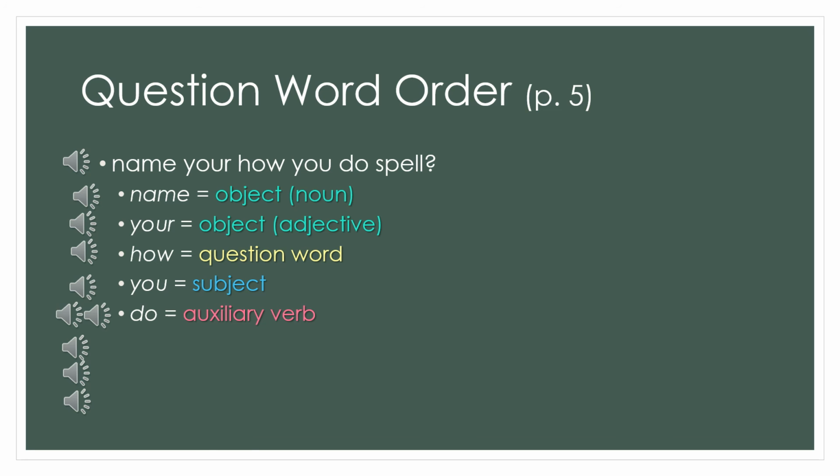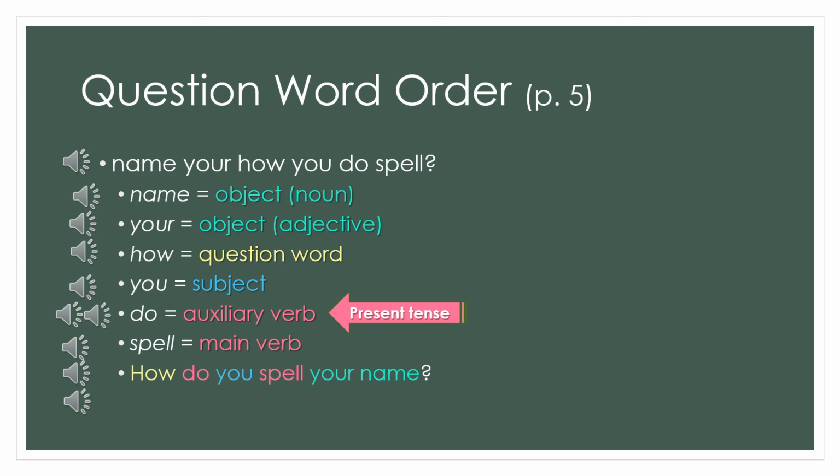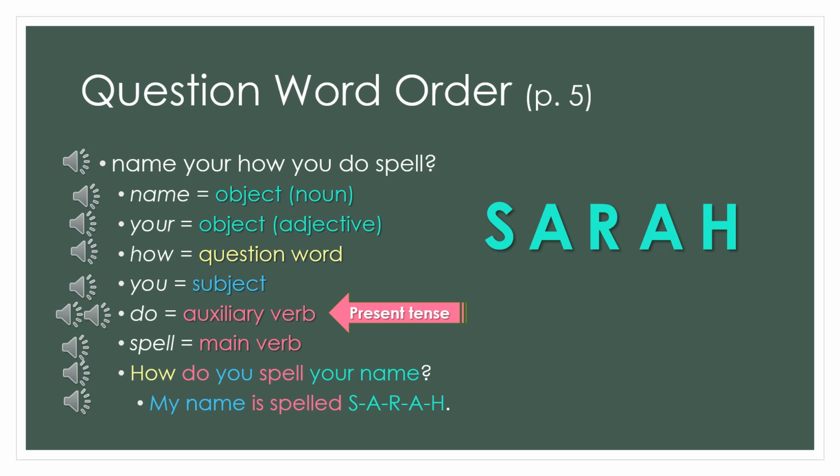Do is an auxiliary verb. Please notice that the auxiliary verb do is in the present tense. Spell is the main verb. So the correct order should be, how do you spell your name? An answer to this question is, my name is spelled S-A-R-A-H.